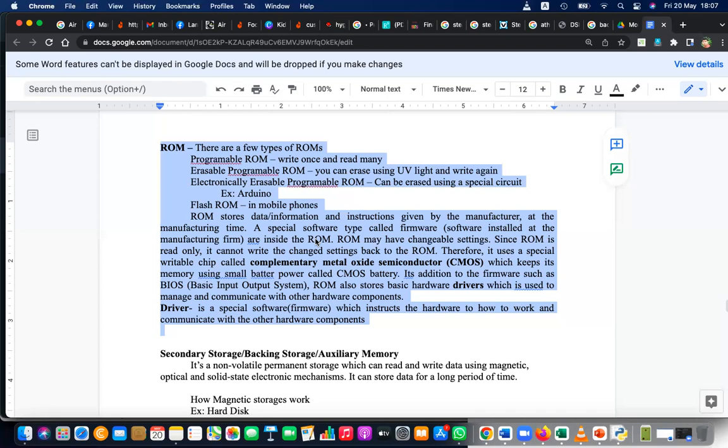It will start working with the computer and check for the basic hardware requirement.